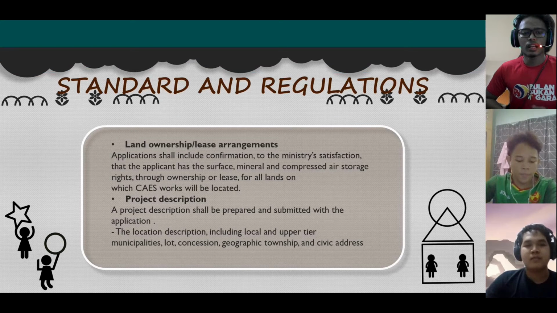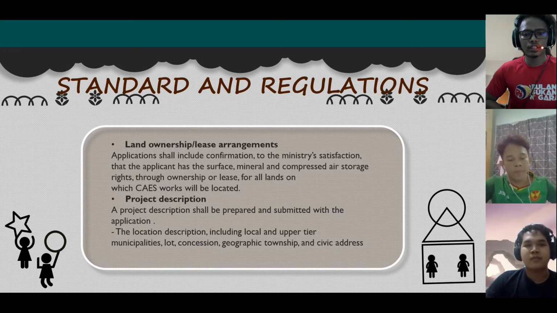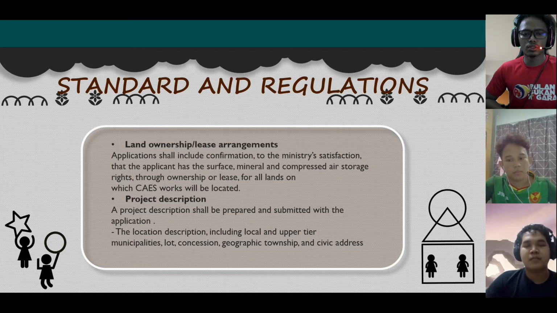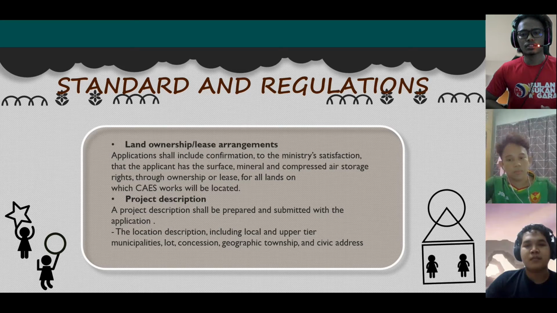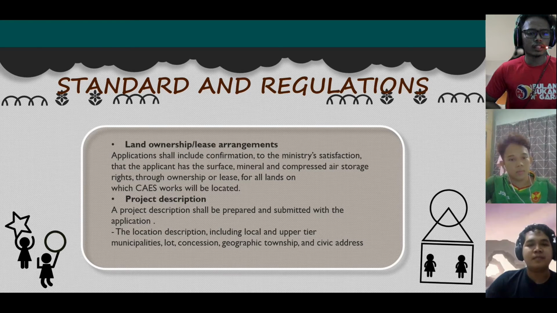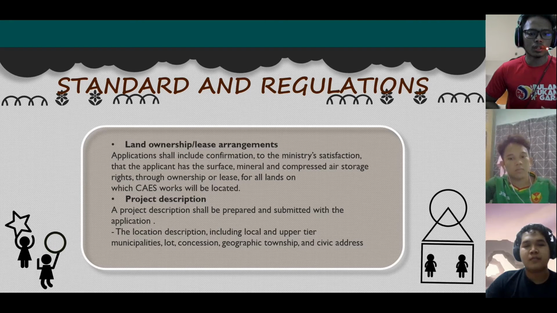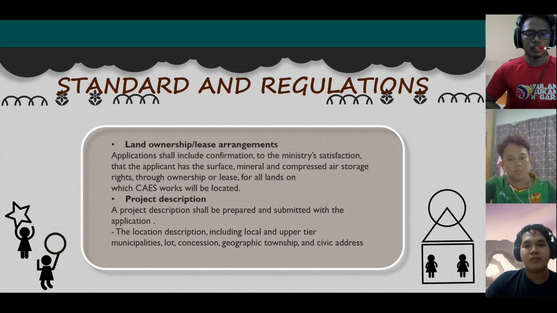Next is land ownership or lease arrangement. The application shall include confirmation to the ministry, certifying that the applicant has the surface, mineral and compressed air storage rights through ownership or lease for all lands on which CAES work will be located.